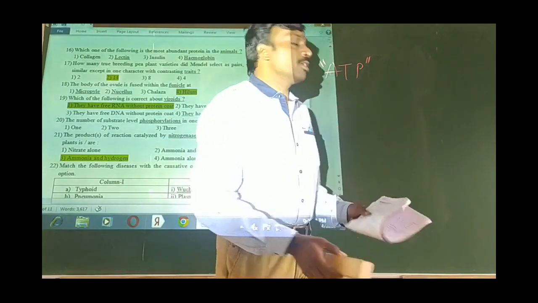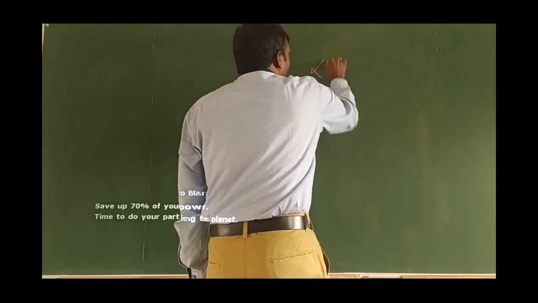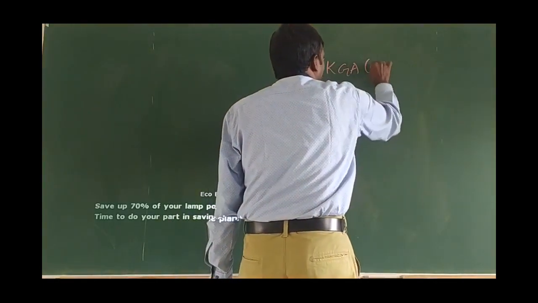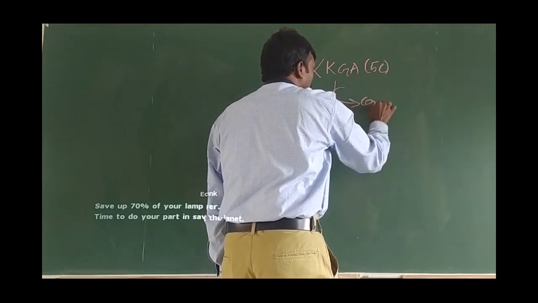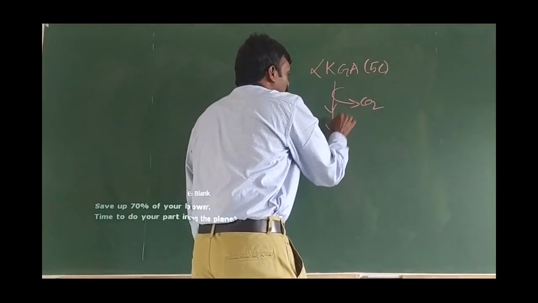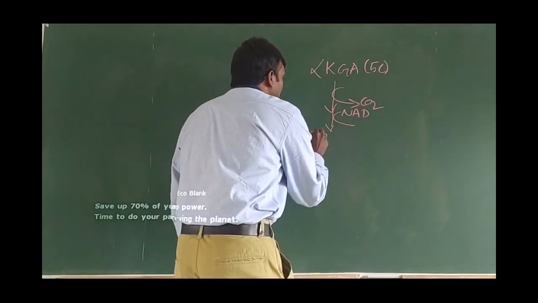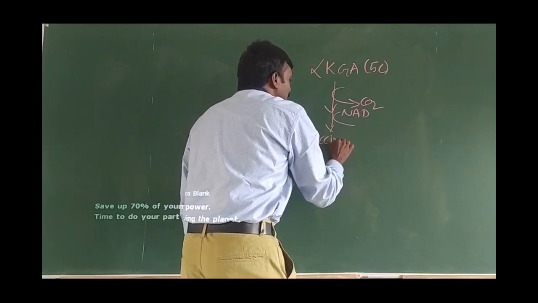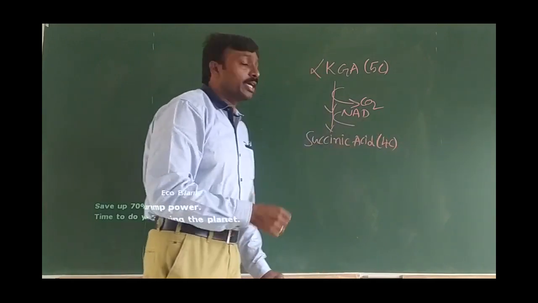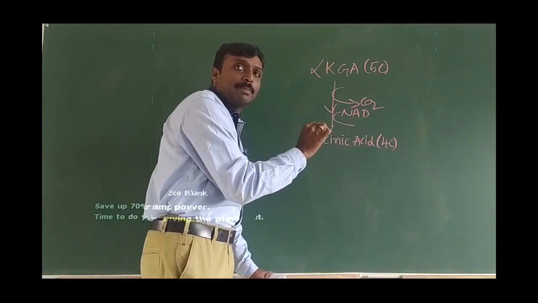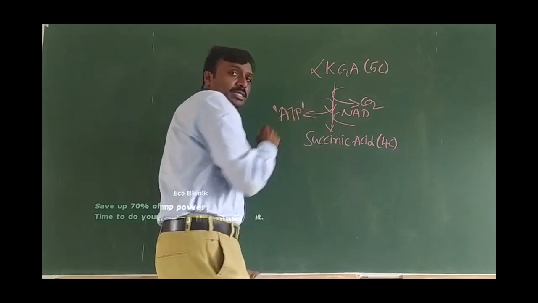If you observe the TCA cycle very properly, alpha ketoglutaric acid, a 5-carbon compound, on removal of carbon dioxide and on addition of the oxidative agent NAD, will turn into succinic acid, a 4-carbon compound. Here, if you observe the cycle properly from the textbook, it is mentioned that ATP is synthesized.